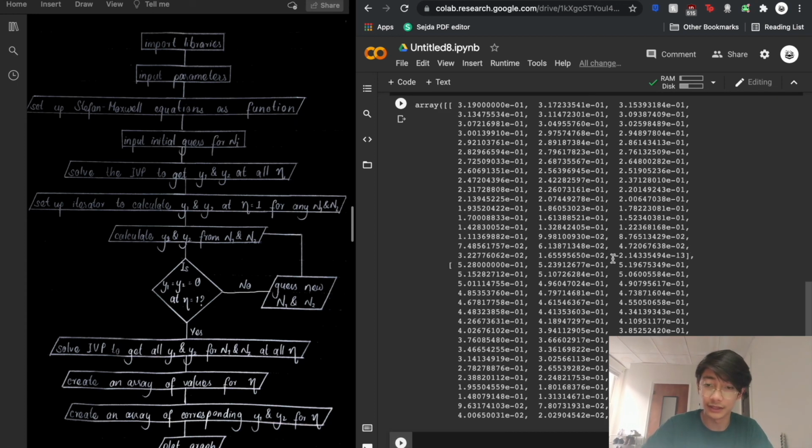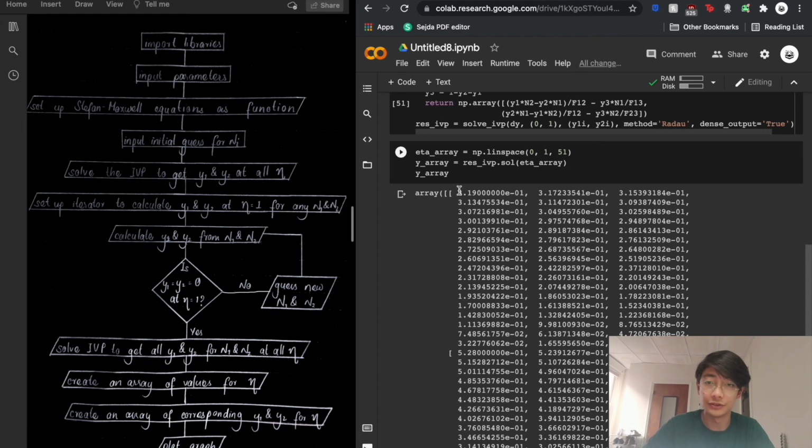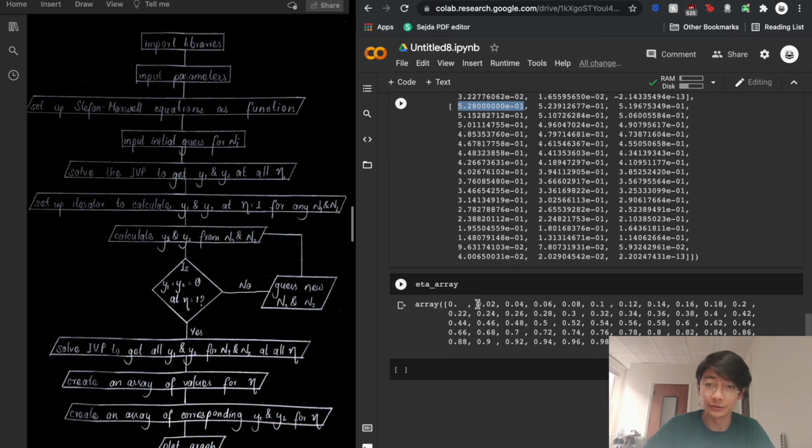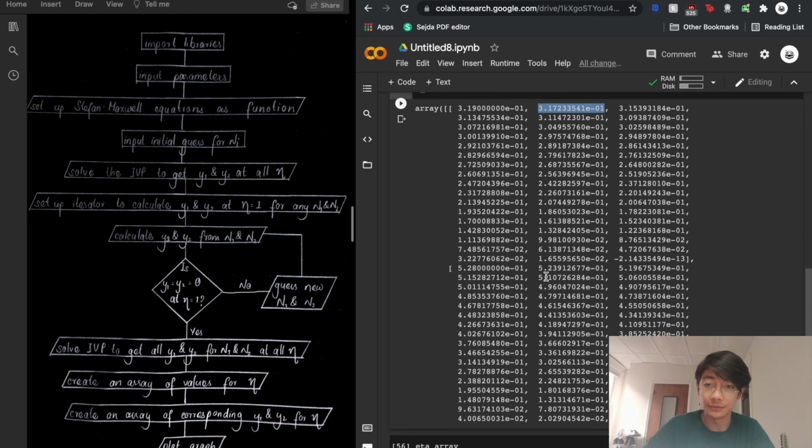So let's do that, and eta underscore array. Okay, so when eta is equal to 0, our value for y1 should be this, and y2 should be that. And likewise, when eta equals 0.02, y1 should be that, and y2 should be that. And it keeps going on.